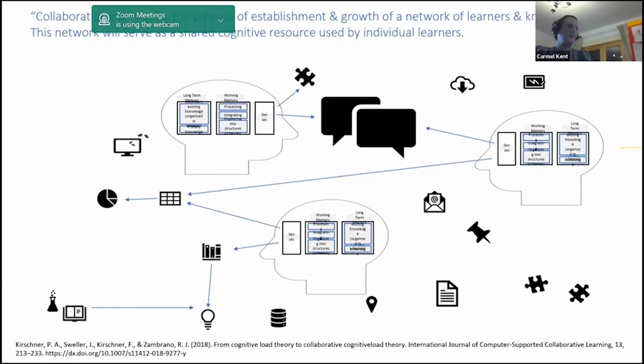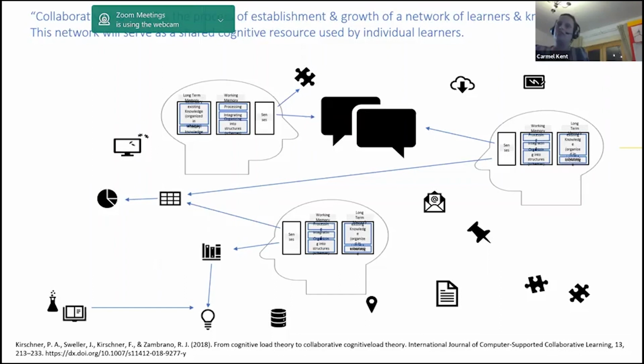And specifically, the collaborative cognitive load theory looks at collaborative learning as availing a group resource of everyone's memory, working memory or long-term memory, availing to the individual learning. So for the purpose of individual learning.